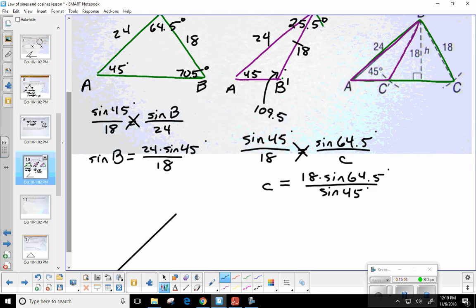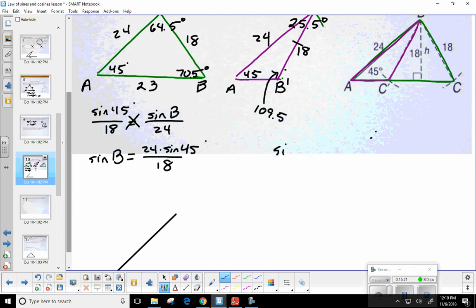What are we getting for C? 23? Okay. There we go. And then we just have to do the same thing for C prime. In fact, I would say probably sine of 45 degrees over 18 equals sine of 25.5 over that C prime.